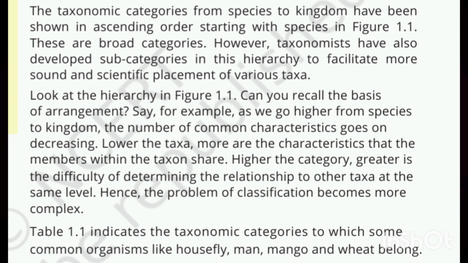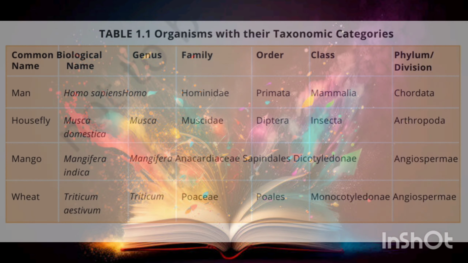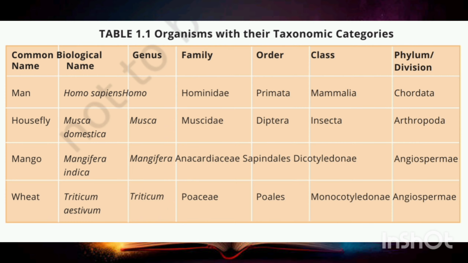Table 1.1 indicates the taxonomic categories to which some common organisms like housefly, man, mango, and wheat belong. Table 1.1: organisms with their taxonomic categories. Common name, biological name, genus, family, order, class, phylum, division. Man, Homo sapiens, Homo, Hominidae, Primata, Mammalia, Chordata.